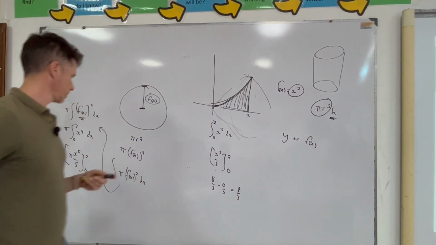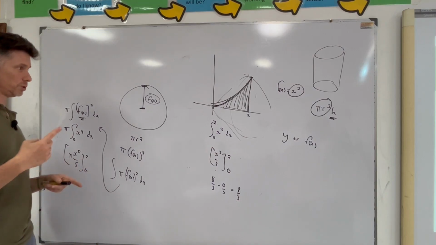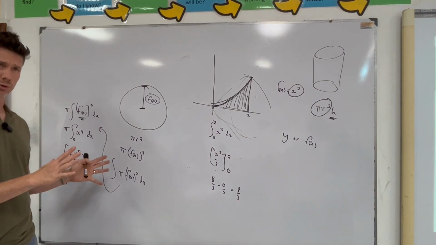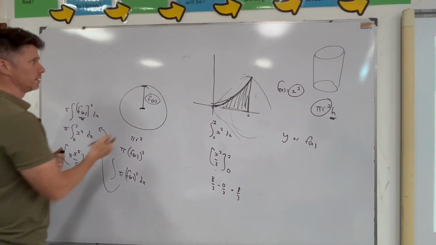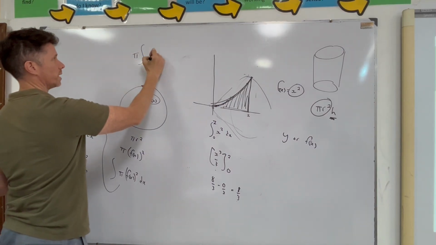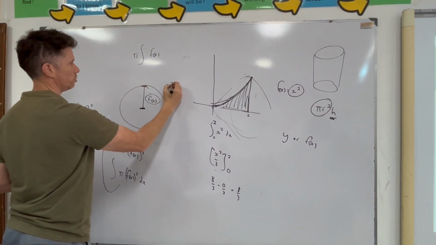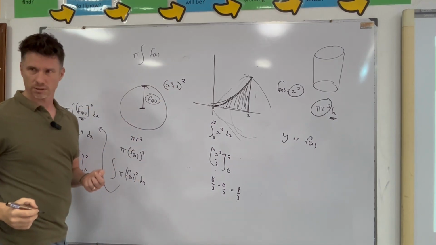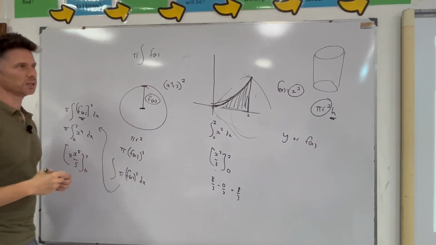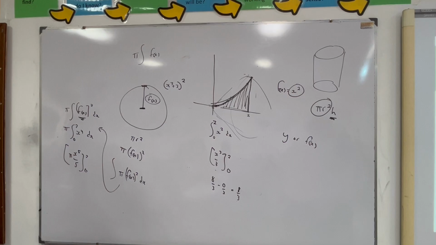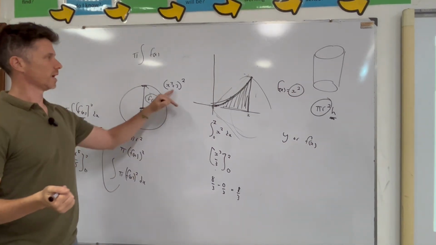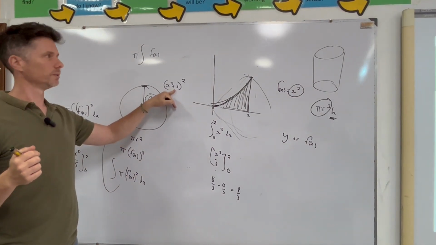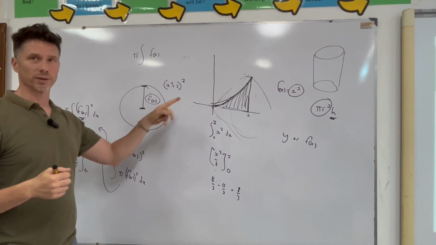Okay, let's do something slightly different then. I'm going to do two new things today. That one's pretty straightforward. You just do pi times whatever the function is. So if it's x cubed plus 3, you would square x cubed plus 3. And like some of you didn't do in the quiz, you can't use chain rule here. You would have to actually square that out.